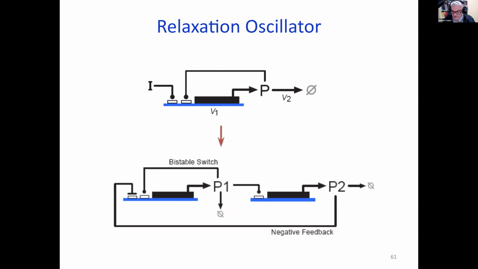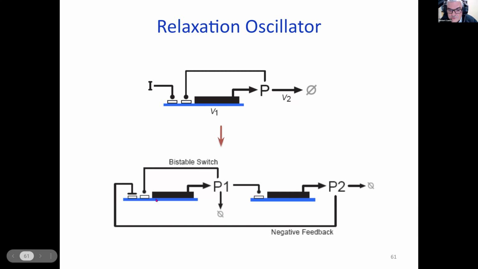Now it's pretty easy to make, well, when I say easy, it takes a lot of experimental effort, but conceptually, it's pretty easy to make a relaxation oscillator in vivo using genetic systems. So basically, you can start off with a gene with a positive feedback and then add on another gene which provides the negative feedback.